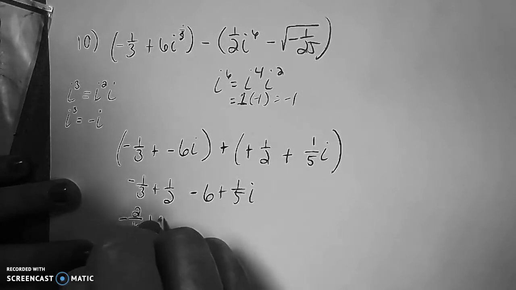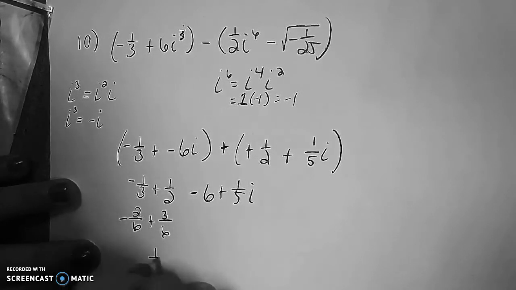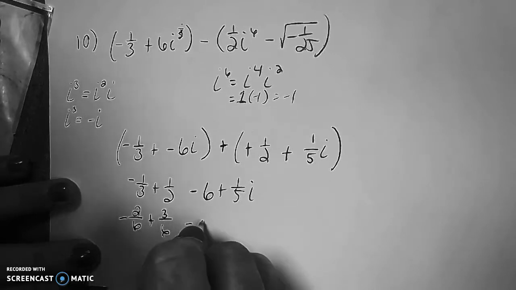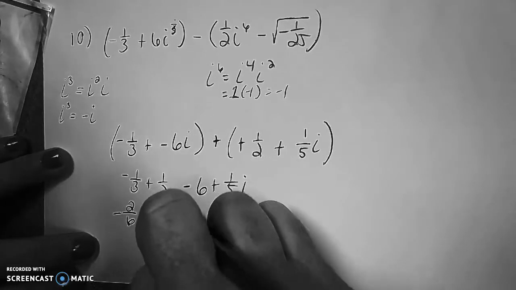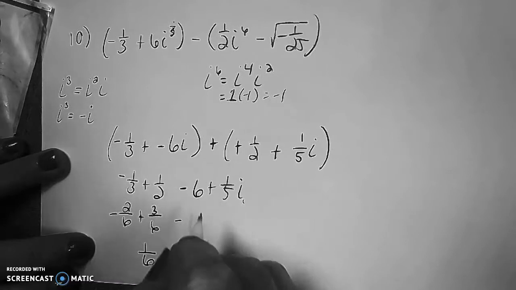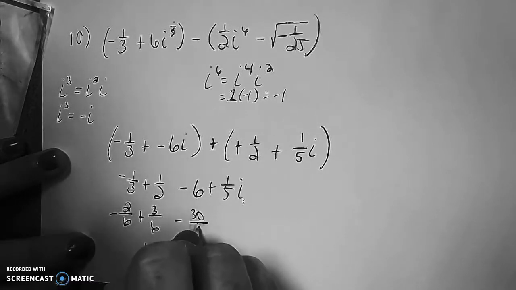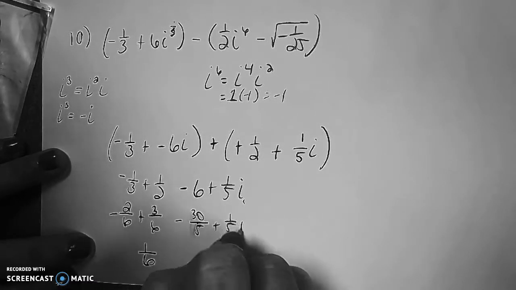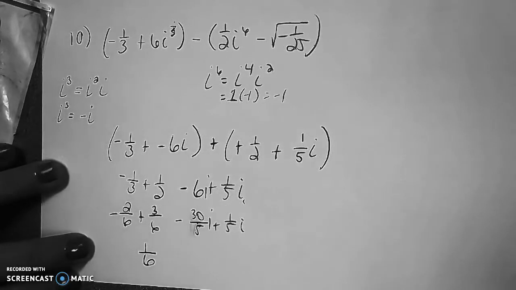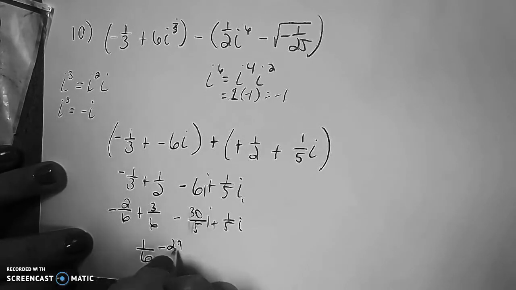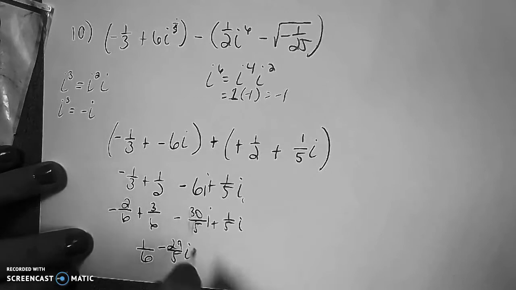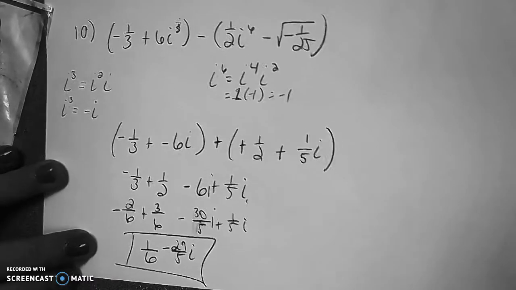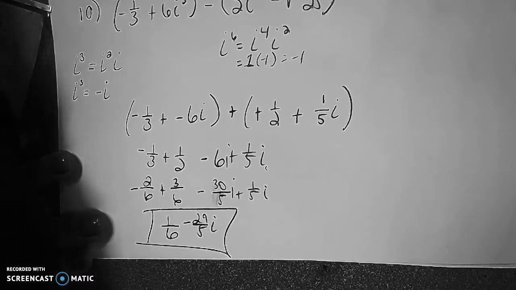So negative 2/6 plus 3/6 is positive 1/6. And then I would have negative 30 over 5 plus 1/5 i. Oops, I forgot my i all the way down through there. And now we have negative 9/5 i. And there's your answer. Just take it piece at a time.